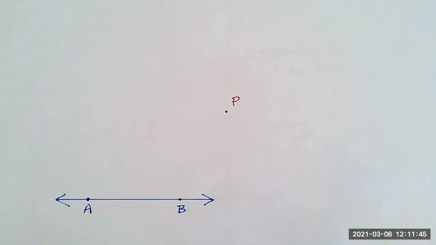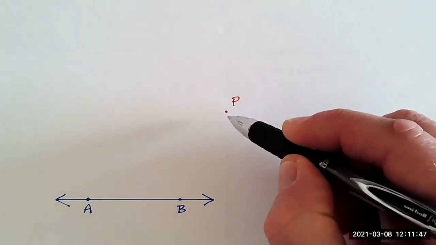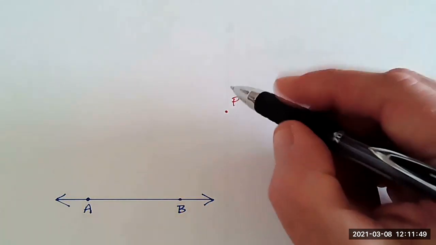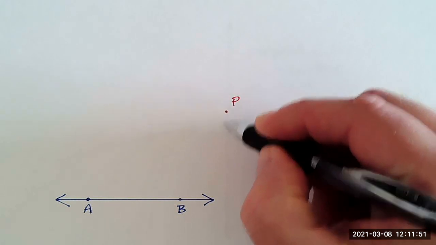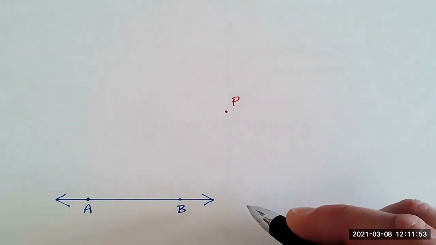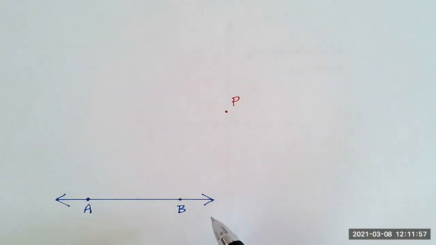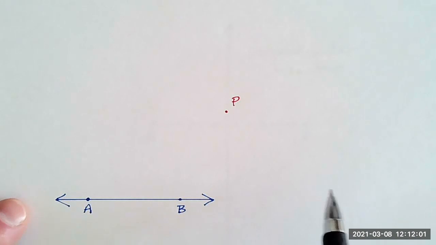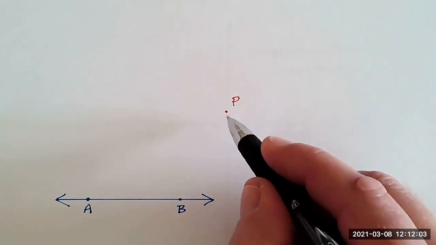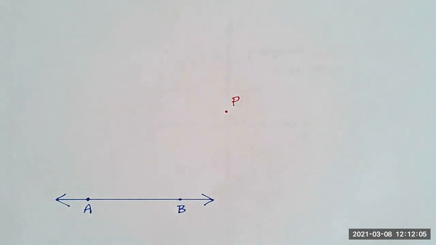I'm not going to draw on those sides. I simply want to construct a segment that is perpendicular to line AB and goes through P. Before I get started, I need to extend the line out enough so that I can get points that are equidistant from P.